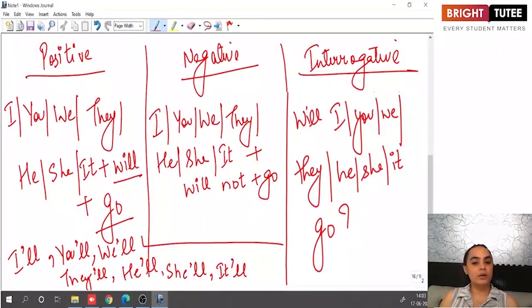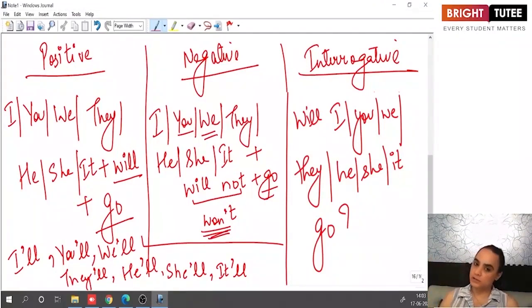How can I write the contracted form for the negative sentences? I will not go. Will not is written as won't. Okay? So I won't go. You won't go. They won't go. We won't go. He won't go. She won't go.